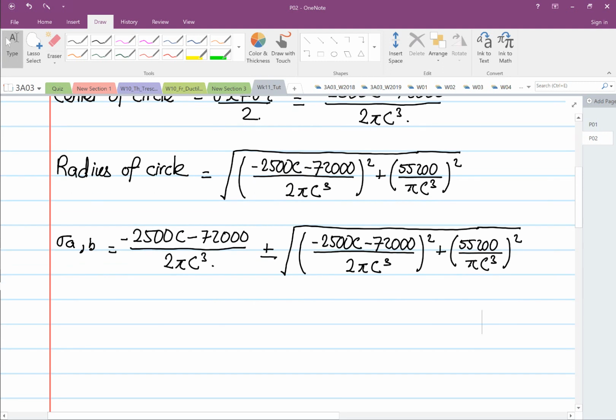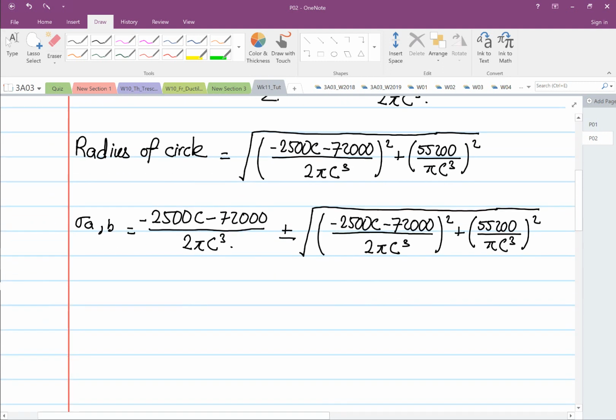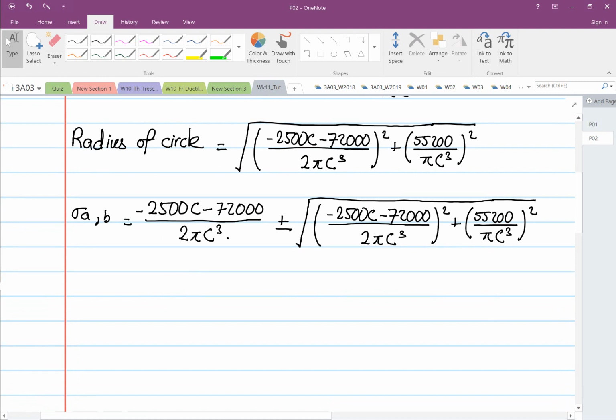So what we are trying to do now is meet the condition, where we have stress A minus stress B equal to 100 times 10 to the power 3 psi, and it's because stress A or stress B is not equal to 0.